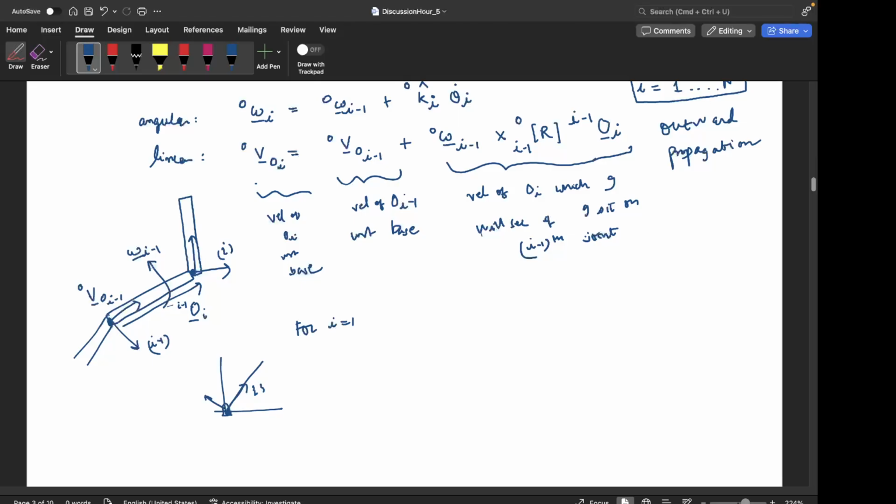Now the first frame origin is coincident with the 0th frame, so V0 and O1 will be equal to 0, because the origins are coincident and the origin of frame 1 is not shifting.